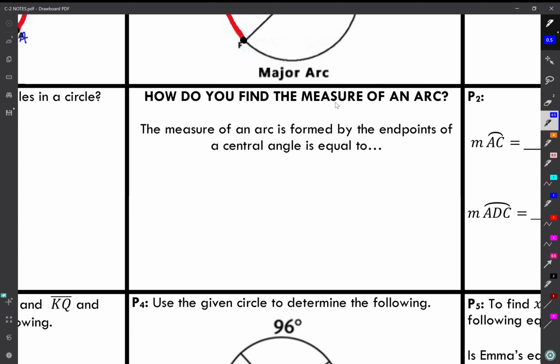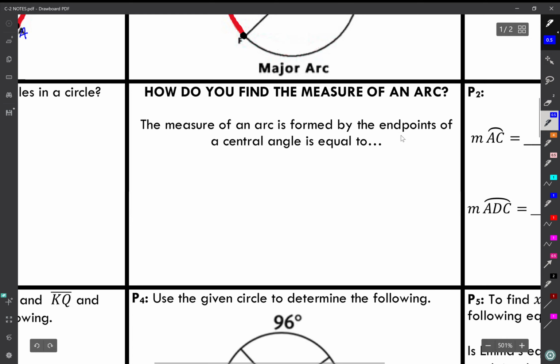The measure of an arc formed by the endpoints of a central angle is equal to the measure of the central angle.